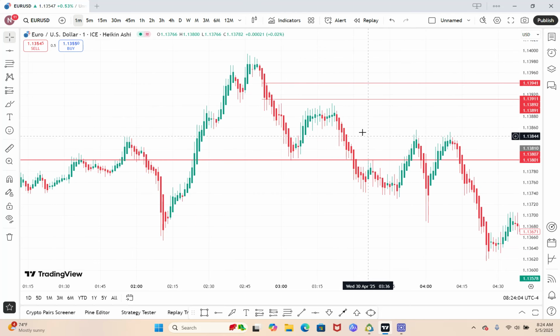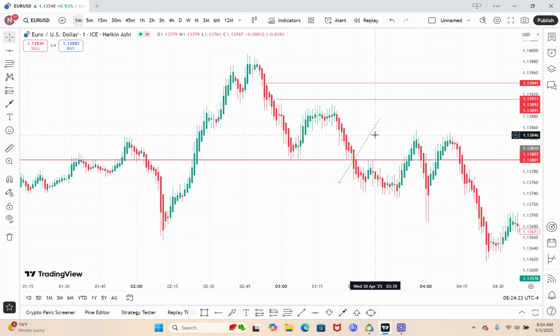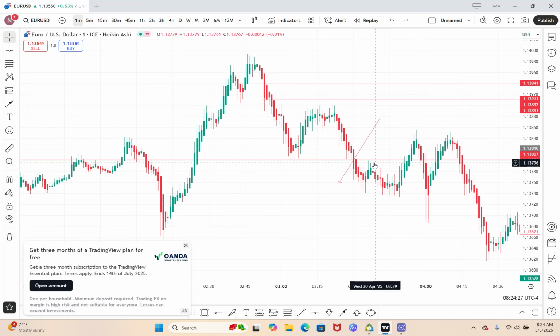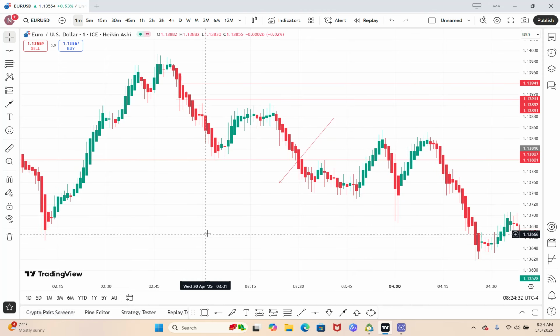Sellers were able to sell the market down from here, all the way down, intersecting buyers, breaking through, causing an intersection right here. Because sellers were able to intersect buyers at this price point right here, it is an indication that from here to here, sellers are in control of the market, right?